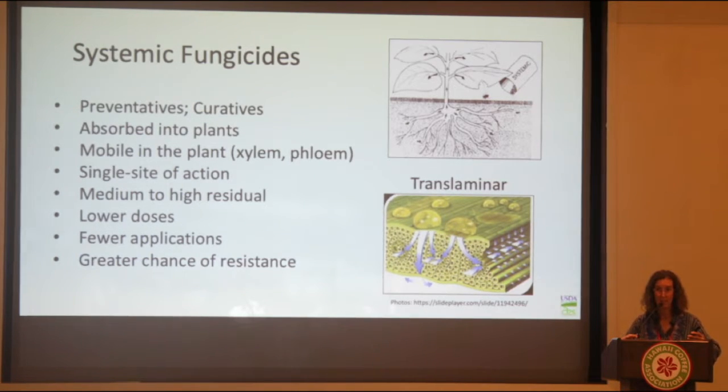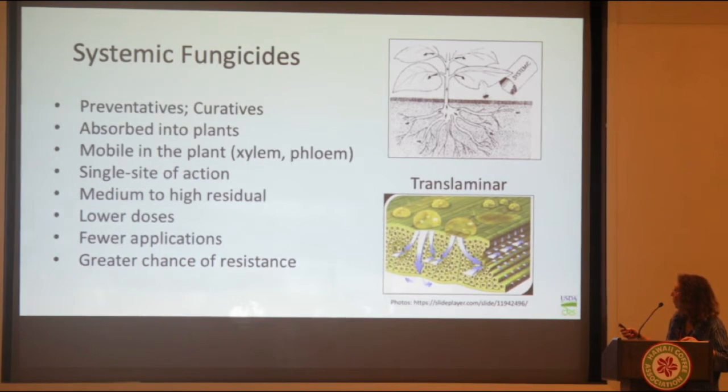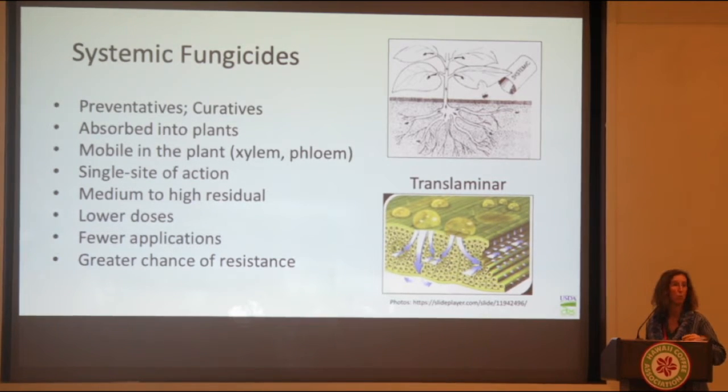That's the big difference. So yes, you'll hear systemic, but a translaminar systemic is different from a true systemic fungicide. But typically, systemics have high residuals, lower doses are used, and fewer applications are necessary, but there is a greater chance of resistance, which is really why you need to continue your rotation.